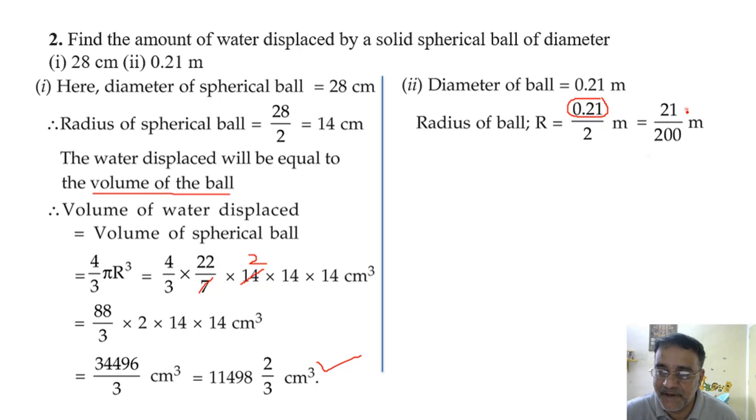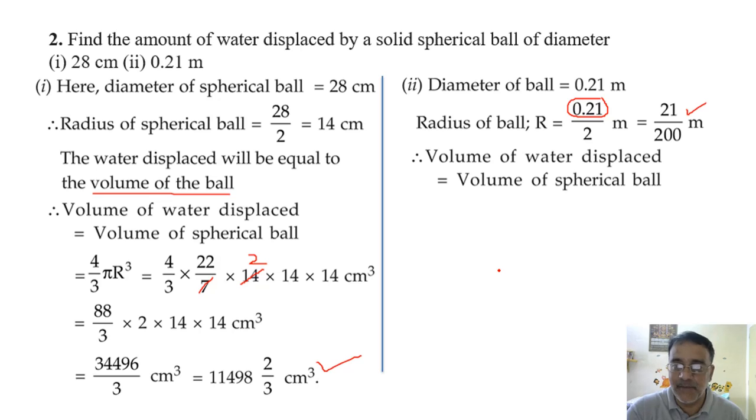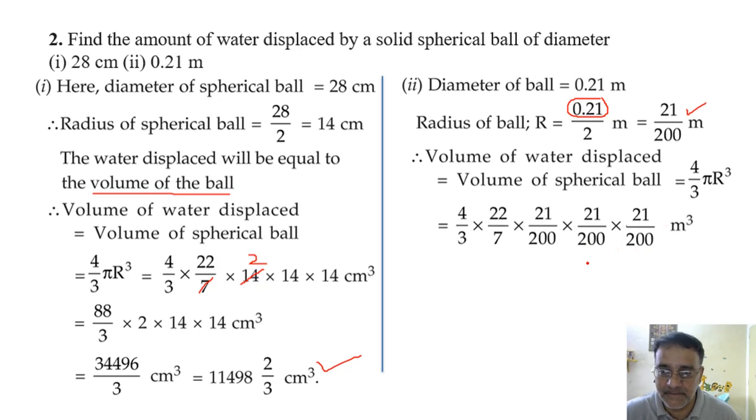Yes, sir. Okay, right. So this we will take. Now we already discussed that the volume of water displaced will be equal to the volume of the spherical ball. So this is equal to 4 upon 3 pi r cube. Now we'll substitute all the values of pi and r here.